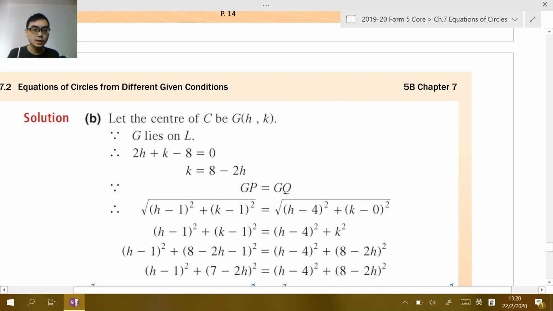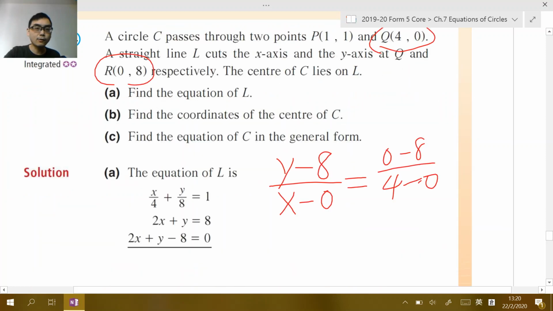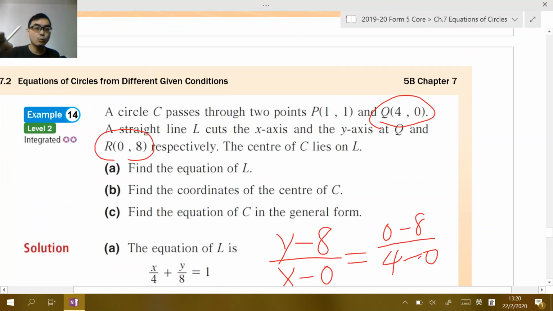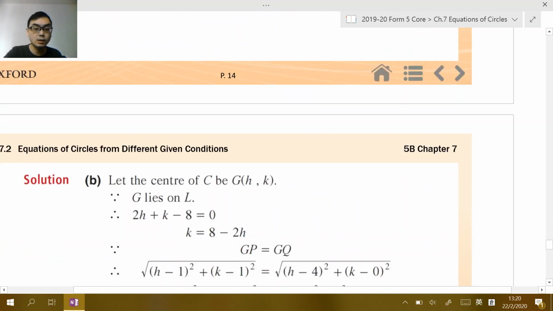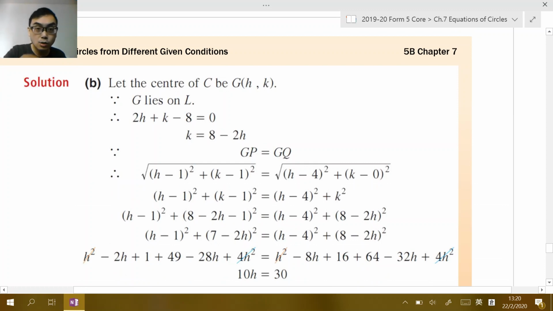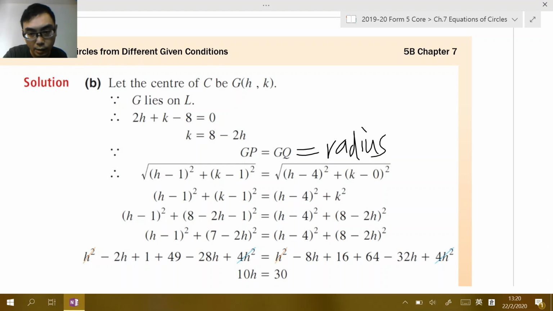Then the next is that now we have one more piece of information that we can connect to the center, because we know that P and Q are 2 points on the circle. So we can use the relation that the distance from the center to each of the points is the radius, so that you have the same length here, to form another equation. But do remember that this idea is safe, because both CP and CQ are radii of the circle, so they should have the same length. So we can set another equation connecting h and k.